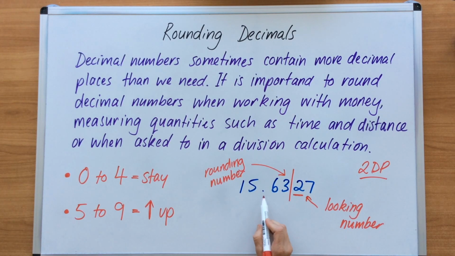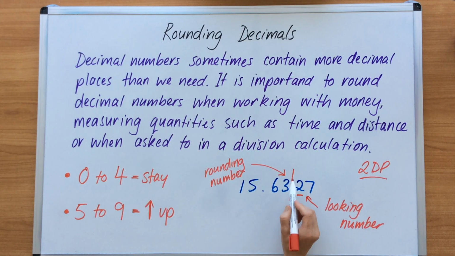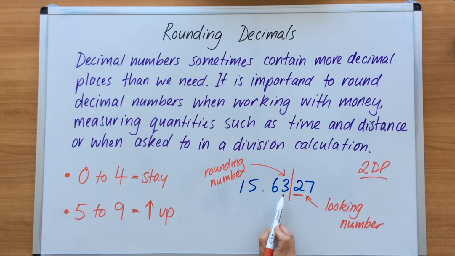So we've counted 2 decimals because we were told to, from the decimal place. We've drawn a line and underlined it. This is our rounding number, which we may have to move up based on our looking number. This determines what we do. So I'm going to round this: 15 point something.